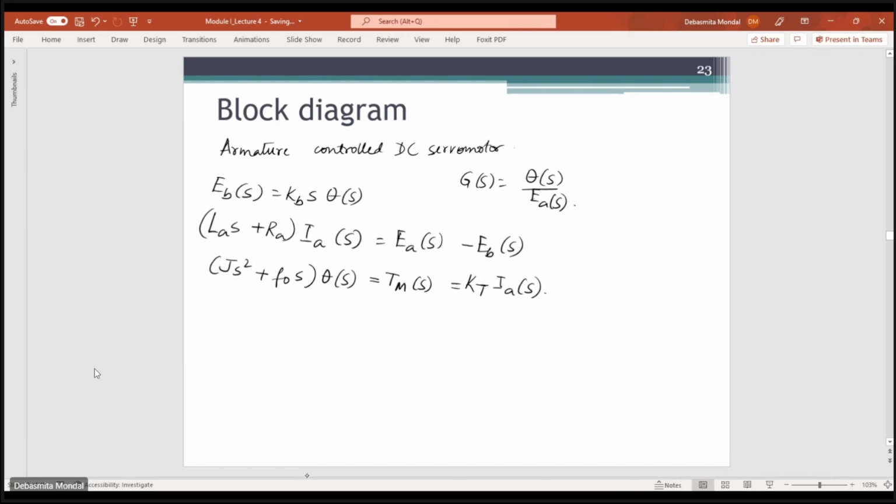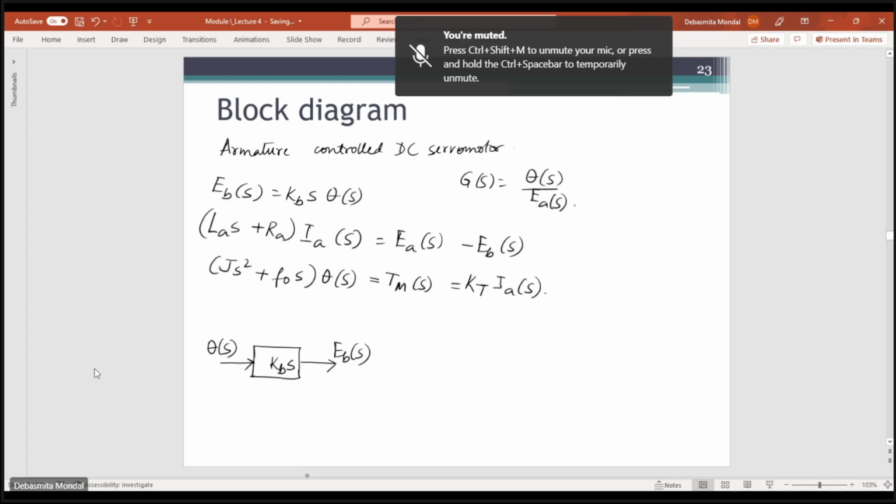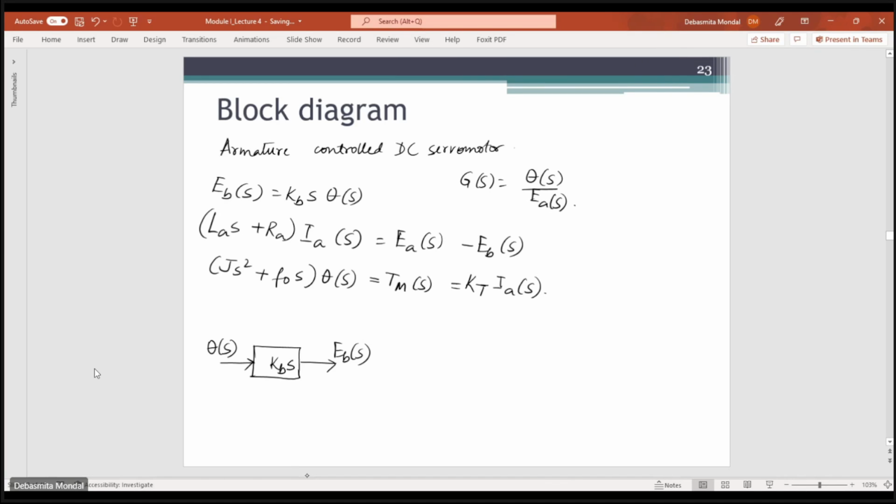Now if you want to represent the first equation, if you represent this block as K_B into s, the input to this block is theta(s), and the output is represented by E_B(s). So the input is theta(s), multiplied with the transfer function K_B s gives you the output E_B(s).